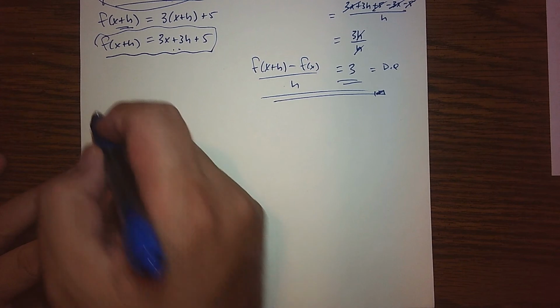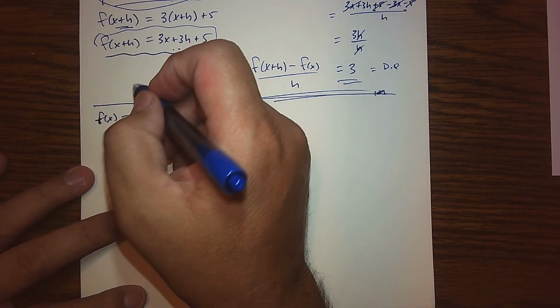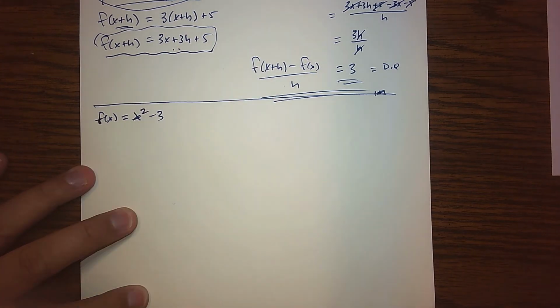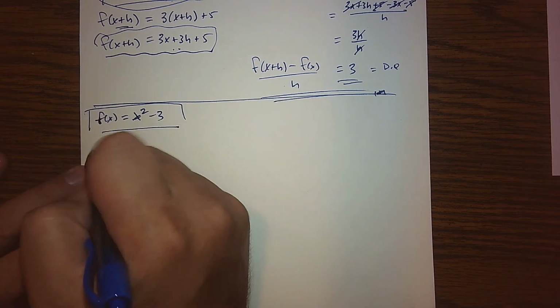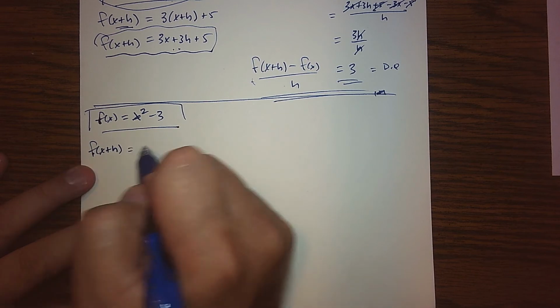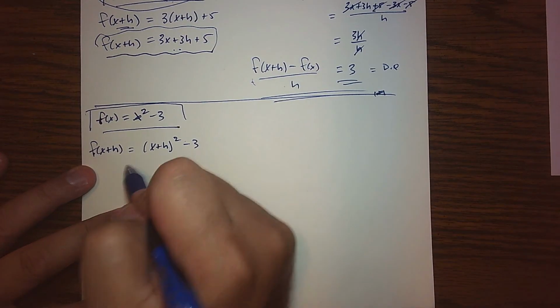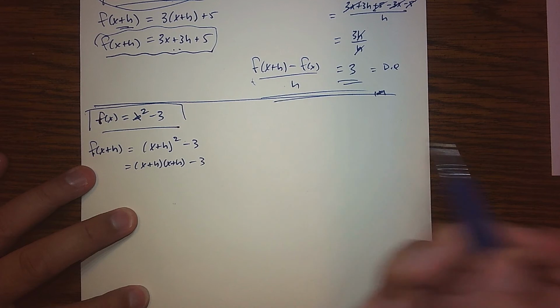So this time, I've got a new function. Let me stay with f of x, and our new function is x squared minus 3. So there's the function. I already know what f of x is. To use the difference quotient, I need to know what f of x plus h is. So for this function, this would be x plus h squared minus 3. This is x plus h times x plus h, minus 3.